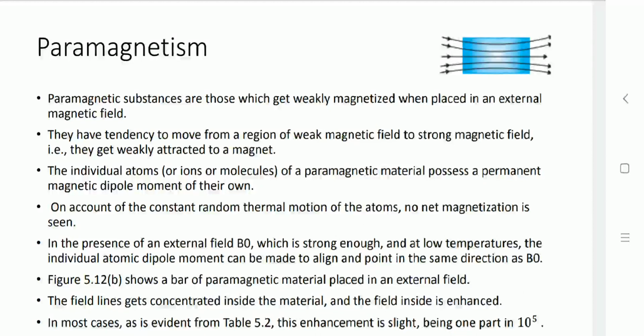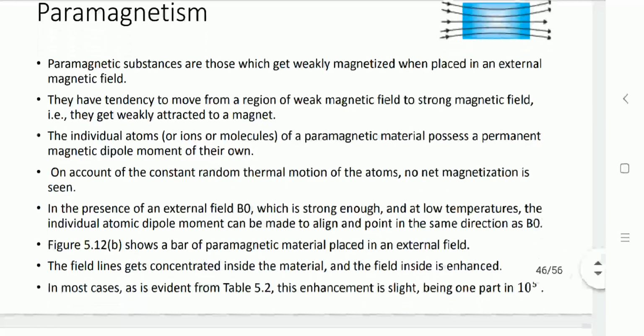As shown in the figure, when the paramagnetic material is placed in the external field, the field lines are concentrated inside the material and the field inside the material is increased. As shown in the table earlier, this increase can be defined as 1 part in 10 raised to 5.